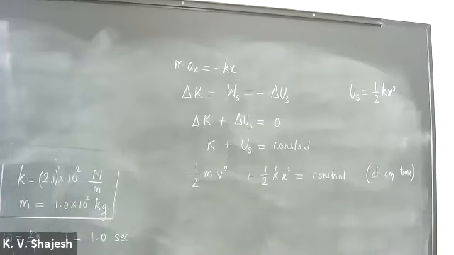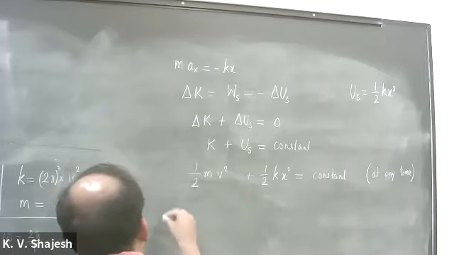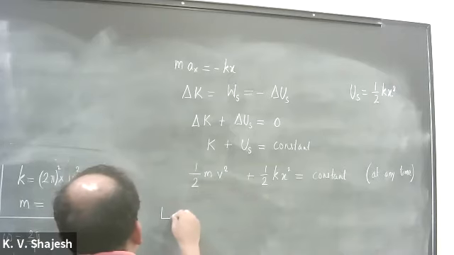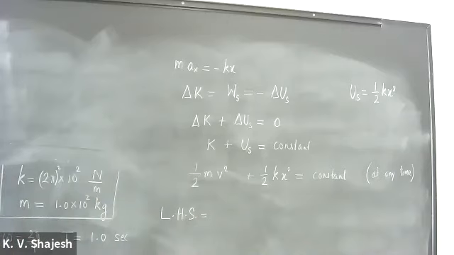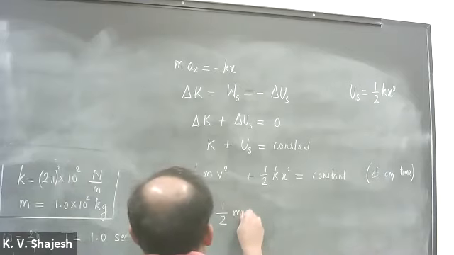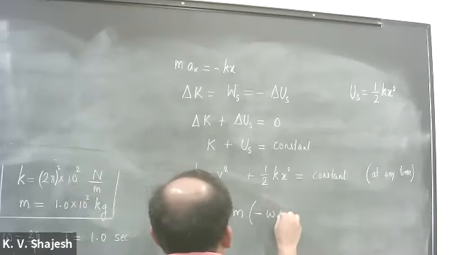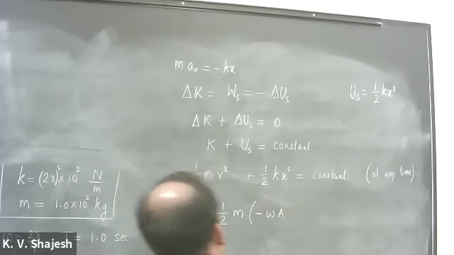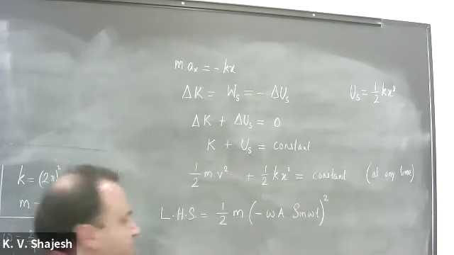So this is supposed to stay the same, and we should be able to verify it. Let's put these quantities in, starting from the left-hand side. Let me substitute whatever we had for velocity. For velocity, we had minus omega A times sine omega t, and then square.